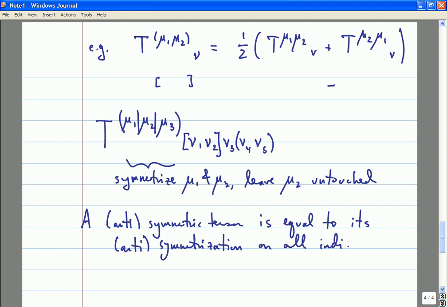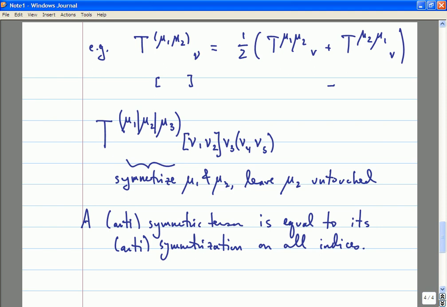So we usually only talk about a symmetric or an anti-symmetric tensor if it has all upper or all lower indices. And in your lives as physicists, you have already met both symmetric and anti-symmetric tensors of various rank, although you haven't identified them as such.